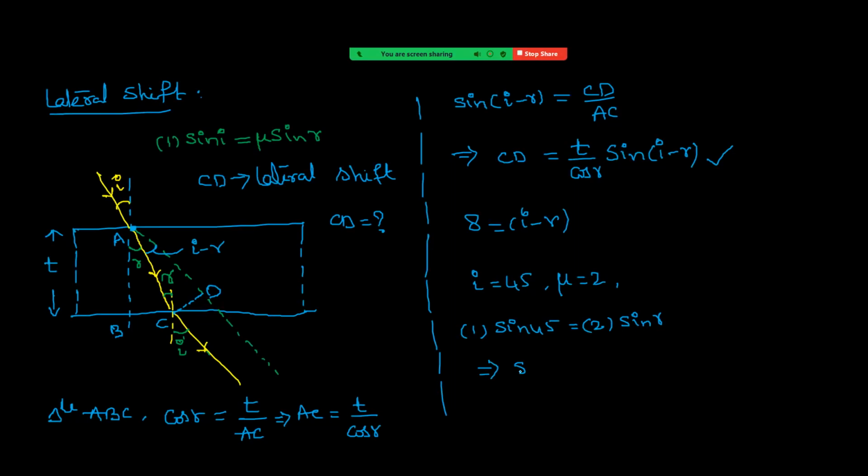From this, sin R is equal to 1 by root 2 by 2, that is 1 by 2 root 2. Next, from this we can find cos R, thickness given. And from this we can find R value, then I minus R. Like this, we can calculate lateral shift.